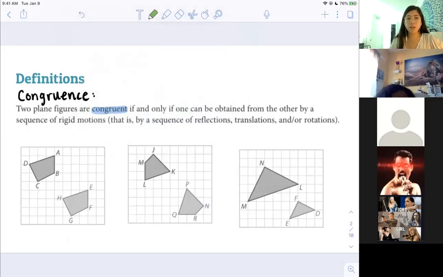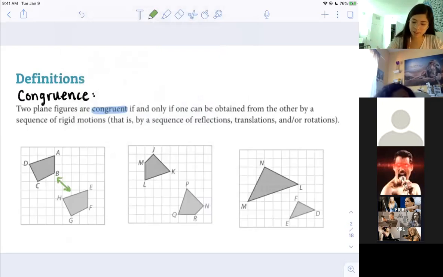So if I tell you that these two quadrilaterals are congruent, what's another word for congruent? Similar? Are they just similar or are they literally the same? Oh, they're identical. Identical, exactly.